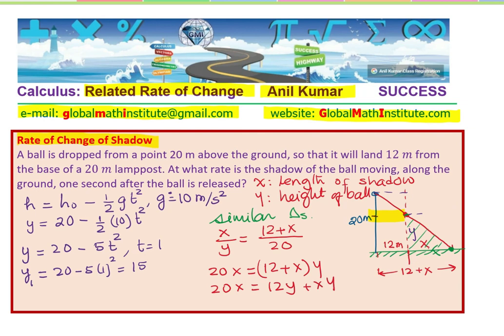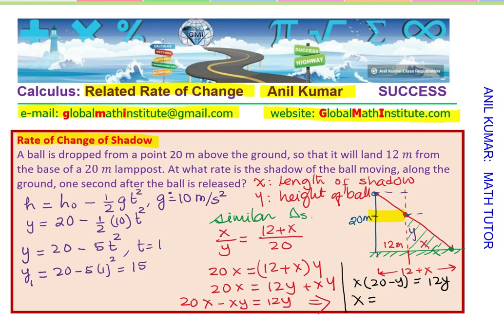So we can bring xy to the left side and then isolate x, right? So we have 20x minus xy equals 12y. Taking x common, I get x times 20 minus y equals 12y.